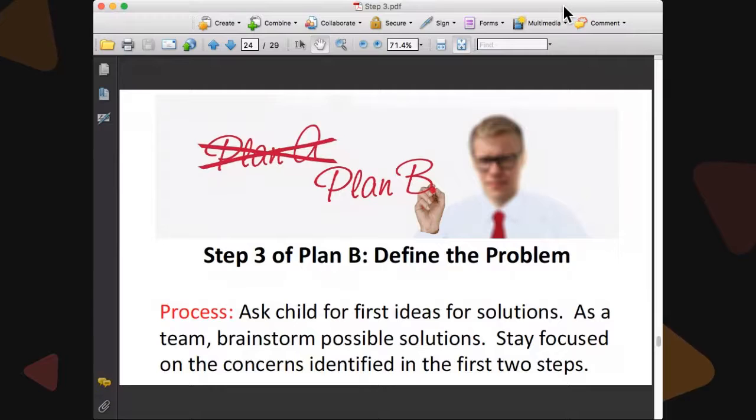The process that you're going to use, it's always helpful, I think, to ask your child first for their ideas of how this could be resolved. But also you're going to be either a partner with your child, or at school there might be more than just the teacher and the child, but you want to have that team approach when you're problem solving.